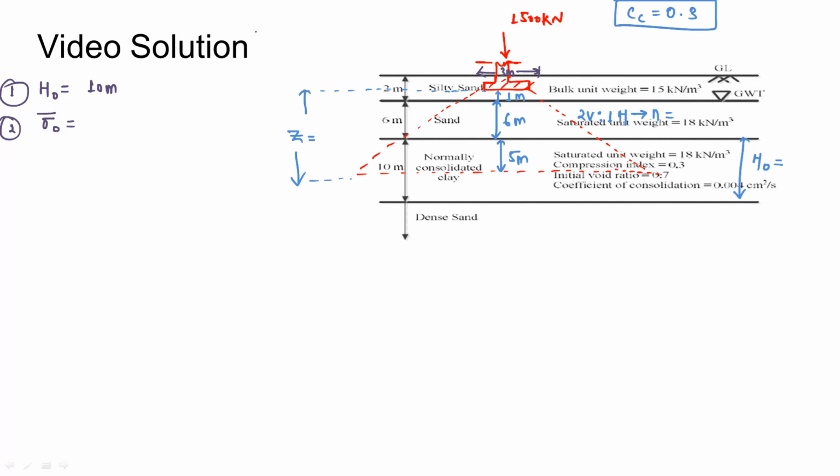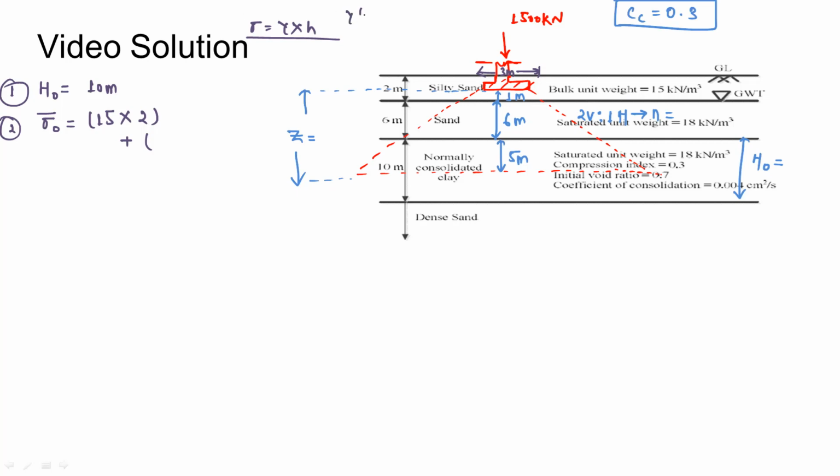As you know, effective stress sigma is density into total depth of the soil medium. For the first layer, unit weight is 15 and thickness is 2, so it will be 15 into 2, plus for the sand layer, which is submerged, we have to take the submerged unit weight.